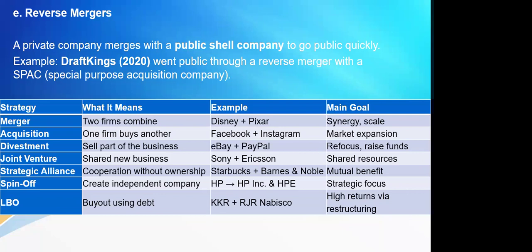Earlier it was 2, maximum 50. But a public company needs a minimum of 7, with no maximum. Usually a private company is a very small company and a public company is a big company. So a reverse merger happens when a private company merges with a public shell company or public company. This is called a reverse merger.